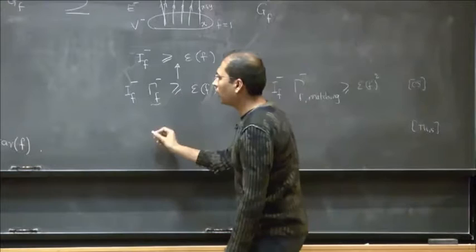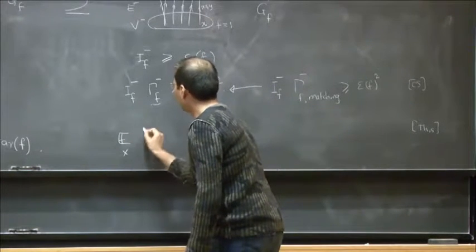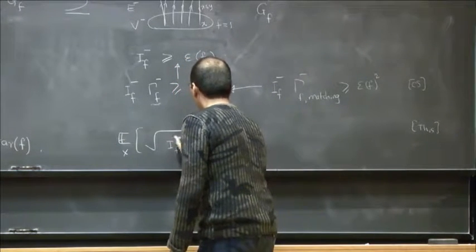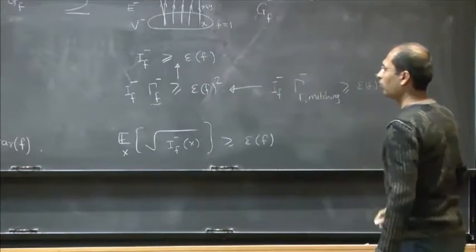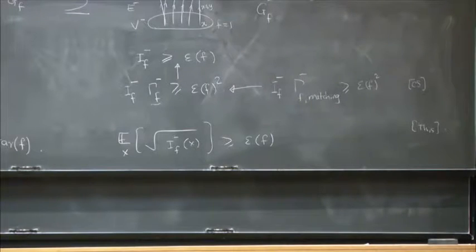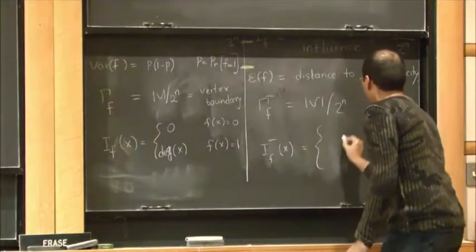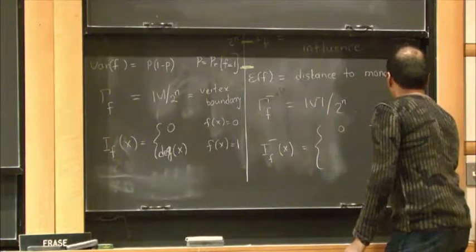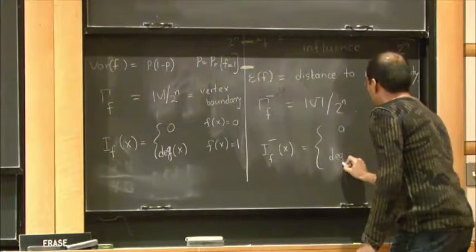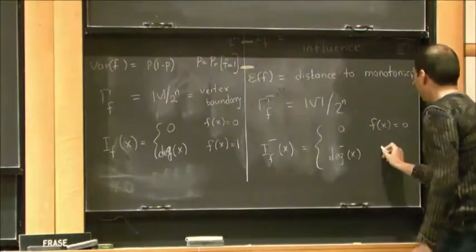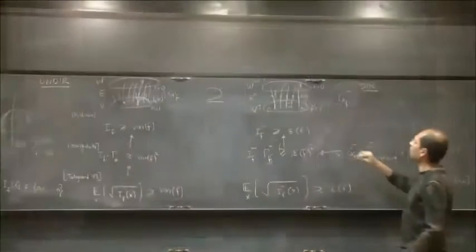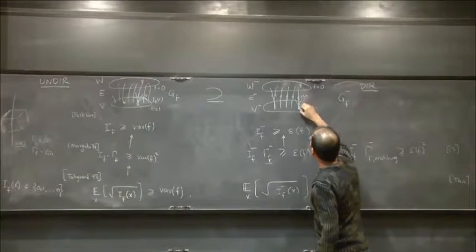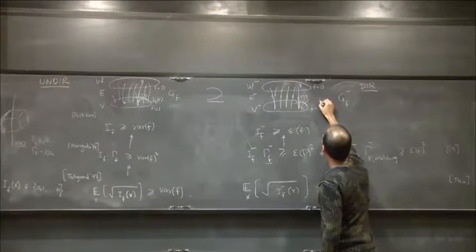This is the analog of Talagrand: the expected value over x of the square root of f minus x is at least the distance to monotonicity, and this is the same. 0 if f of x is 0, and then the minus degree of x if f of x is 1. So these would be degrees in this graph, right?